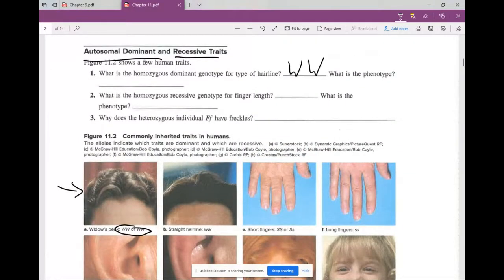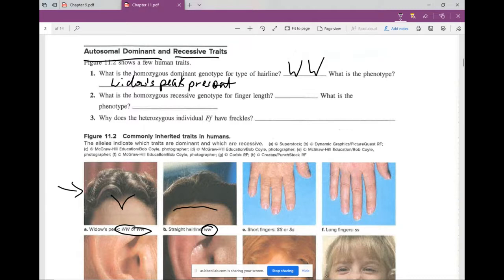So big W, big W. What is the phenotype? Widow's peak. A widow's peak is present. Widow's peak is just this hairline, like Dracula, right? All right, and having a straight hairline means you have the recessive condition.